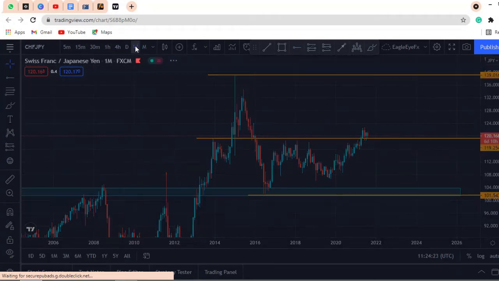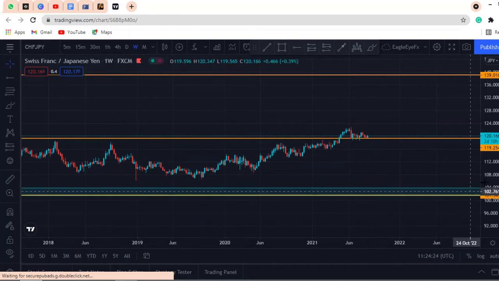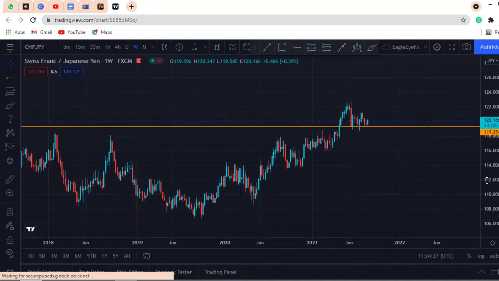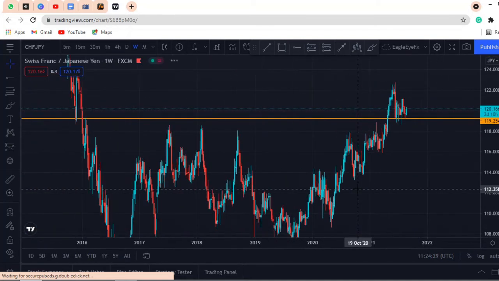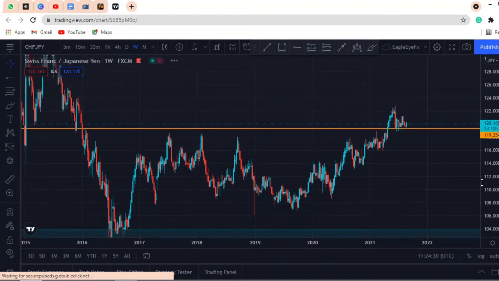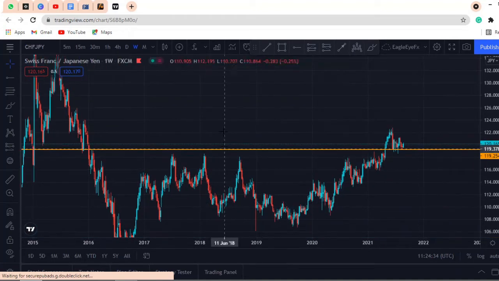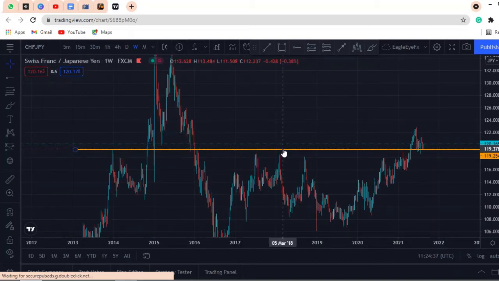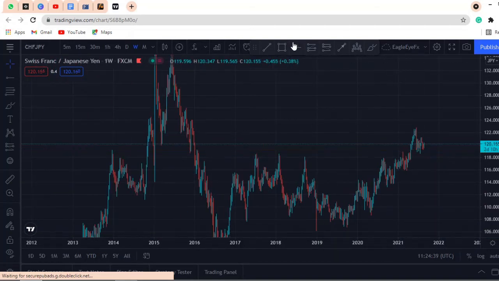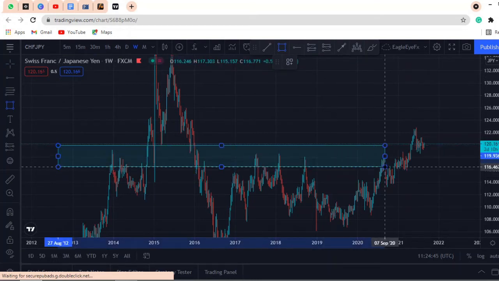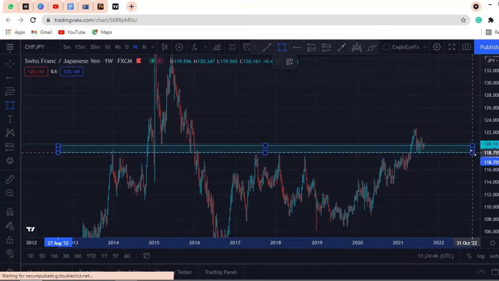Right, from the weekly time frame, what can we see? On the weekly time frame, you can see that now it becomes more clear that this market has been able to break this level. I normally like using zones because zones make it become a bit more clear, right?